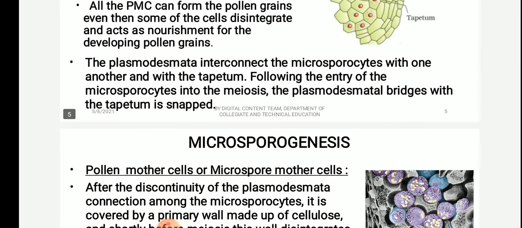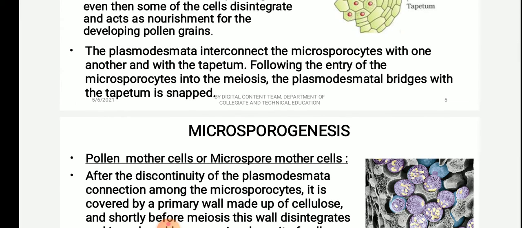The plasmodesmata is the interconnection between the pollen mother cells or microsporocytes, which are connected to one another and with the tapetum. You have to remember that the pollen mother cells are connected to one another through plasmodesmata and also connected with the nutritive tissue tapetum through plasmodesmata.